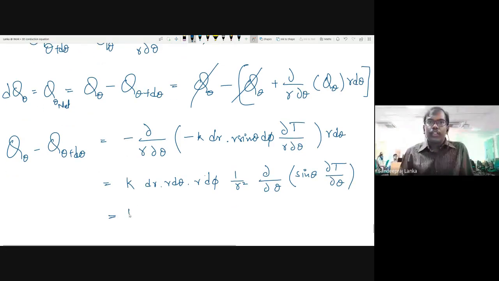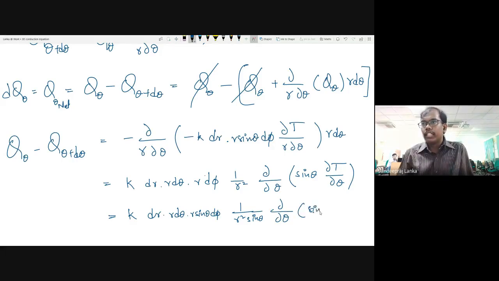Here, what I want is the whole volume. Sine theta is missing, so I'll multiply and divide with sine theta. So dr into r d theta into r sine theta into d phi, 1 by r square sine theta dou by dou theta of sine theta into dou t by dou theta. So this is your equation now.